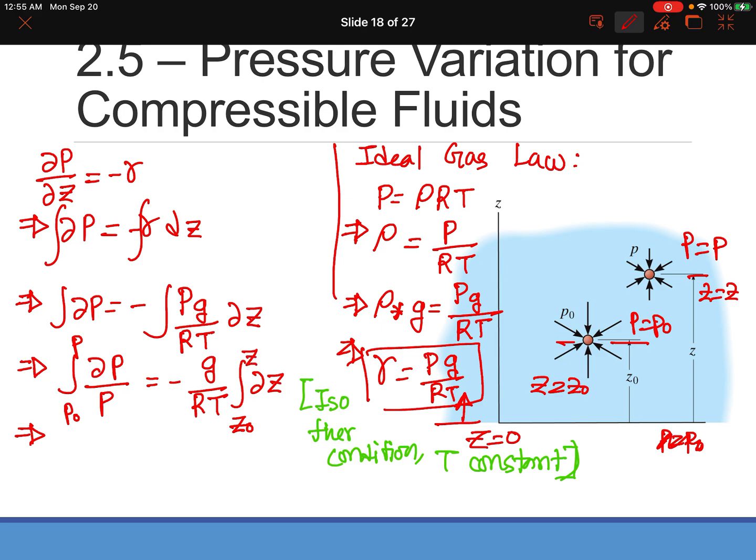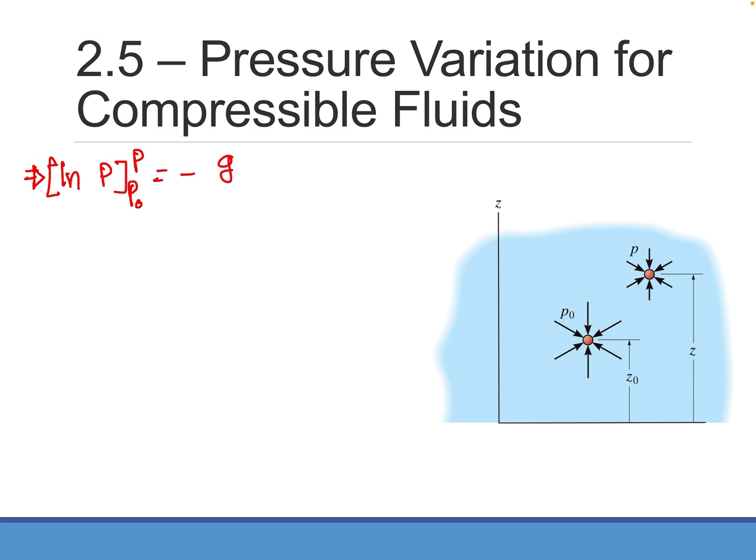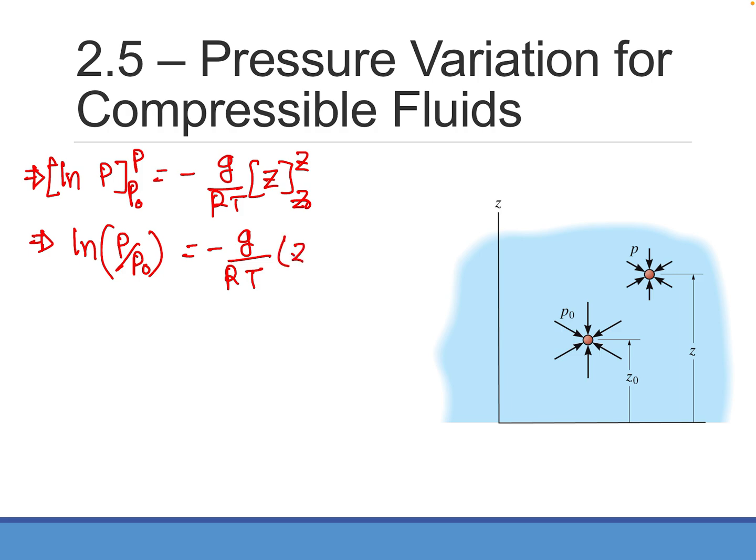From our integration knowledge, we know dP over P is actually ln P. So ln of P over P naught equals negative g over R T times z minus z naught.